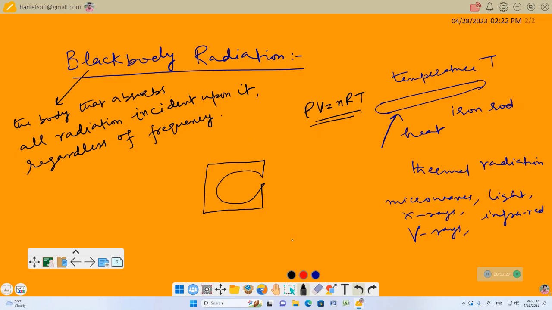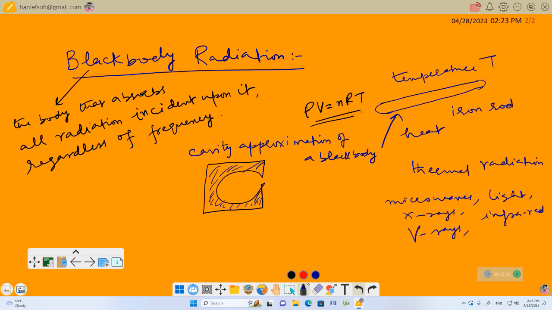This is called the cavity approximation of a black body. We create a cavity, and there's a hole in this cavity. This portion is solid. We have produced a cavity in some material.